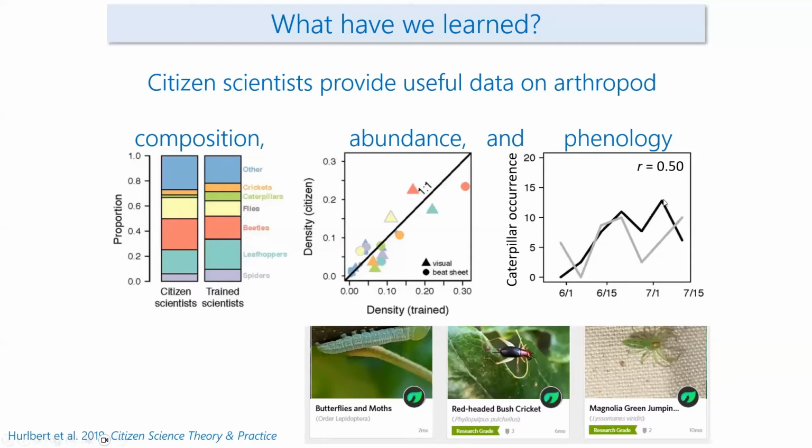The trained scientists had an extra survey day. There's no data point for the gray line here. So we felt very good about the general correspondence about the seasonal trends between trained scientists and citizen scientists across all these different types of measures.